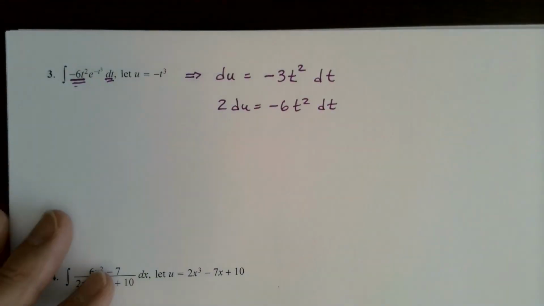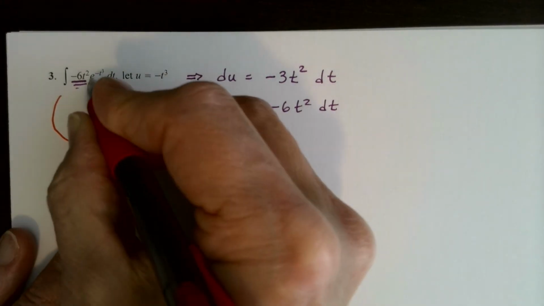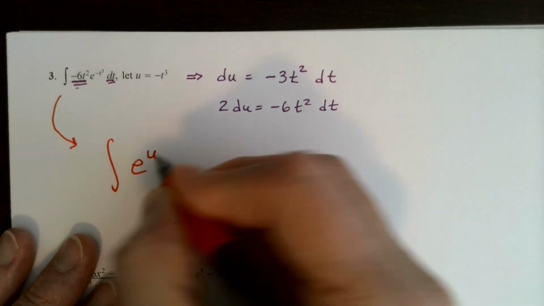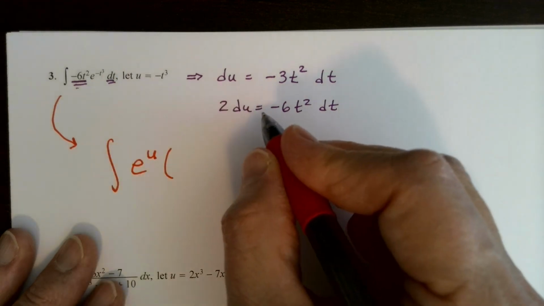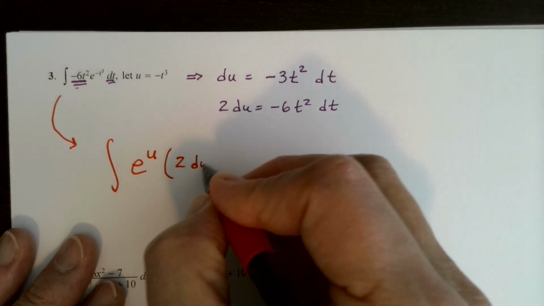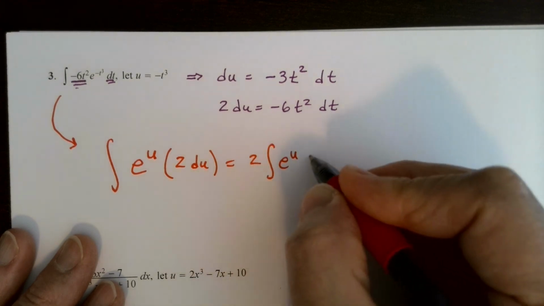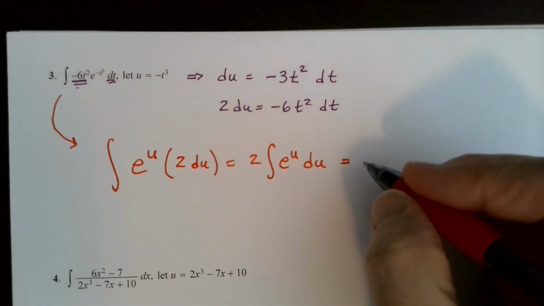So now I can change everything over. This integral becomes e to the negative t cubed, e to what? The u, times what? Negative 6t squared dt is my 2 du. Again, I can pull that 2 as a constant multiple outside the integral, and we've got this very simple e to the u integral, which is the simplest antiderivative, right?